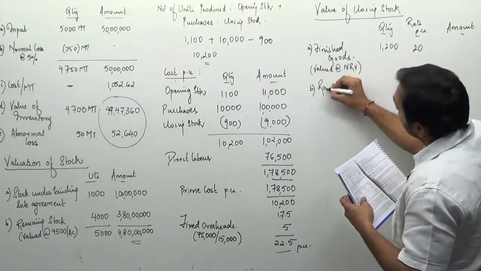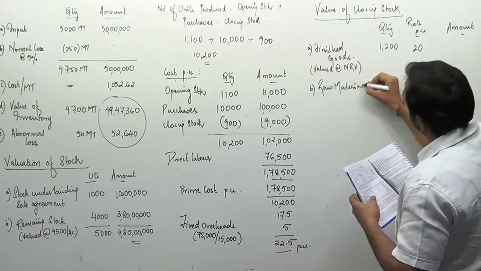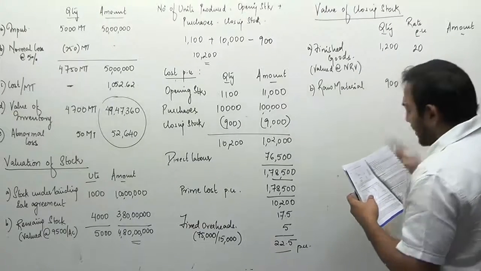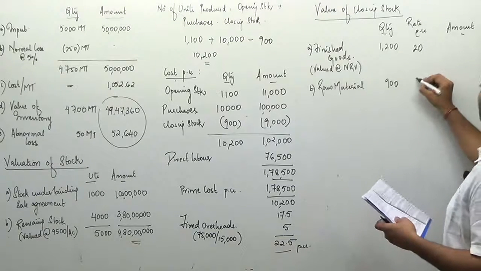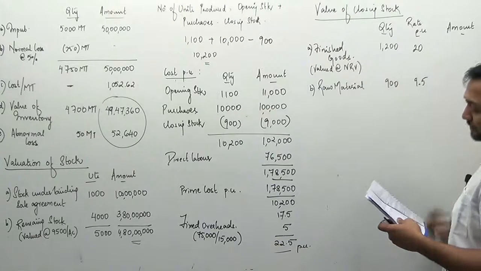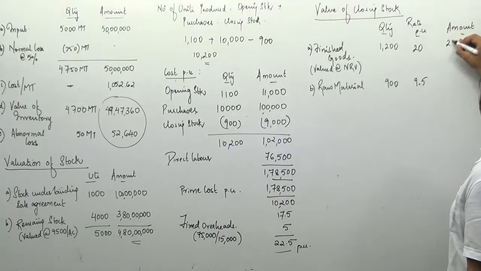But my raw material, check your cost at NRV. Raw material cost was 10, but the replacement cost is only 9.5. This is 24,000.